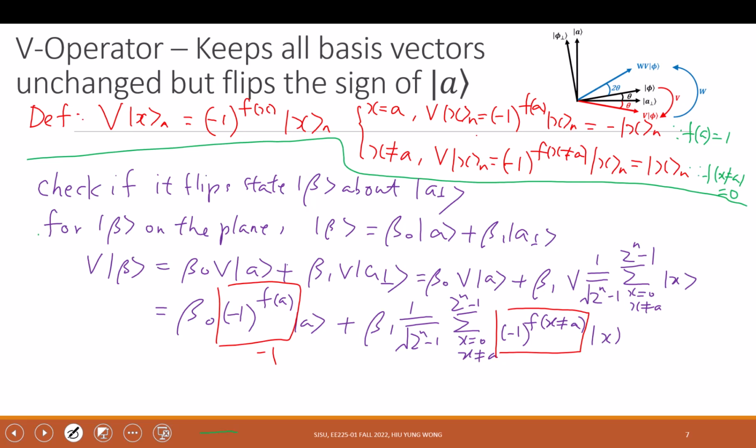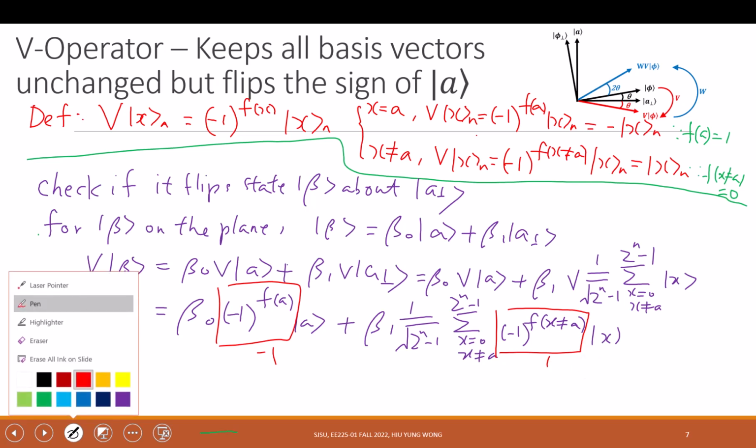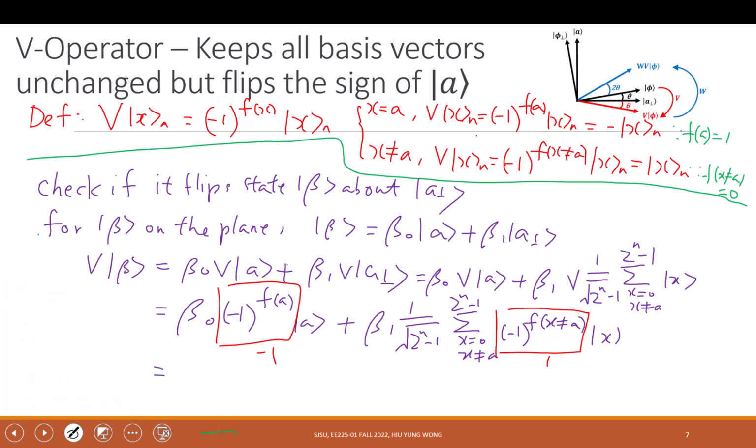I don't have A there, right? Then this is still equal to A perpendicular. So I have this equal to negative beta 0 A plus beta 1 A perpendicular. Is this okay?